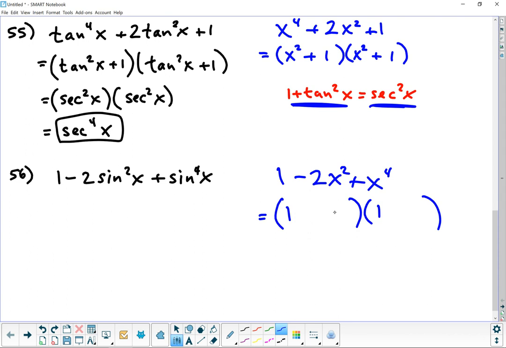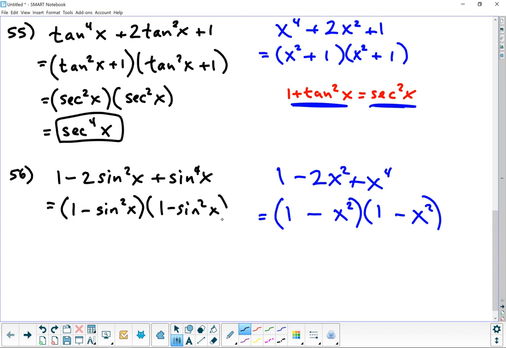X to the fourth is going to be x squared and x squared, and to get a minus 2x squared, you need both of them minuses. So this one is going to end up being 1 minus sine square x and 1 minus sine square x.